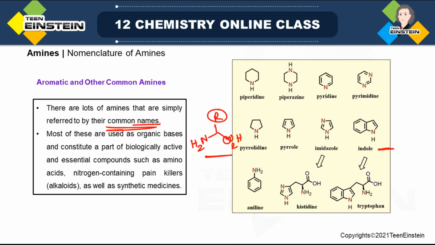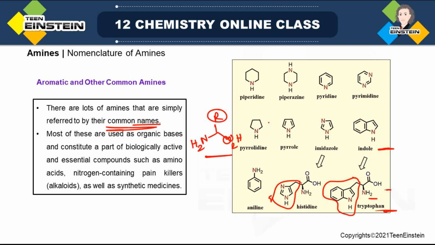Just compare with this general structure as if this is the R. So the R group is indole, and this is amino acid. So this molecule is important biologically, and the biomolecule is known as tryptophan. Then imidazole is present as R group in the amino acid, and this is histidine. So these are some examples.